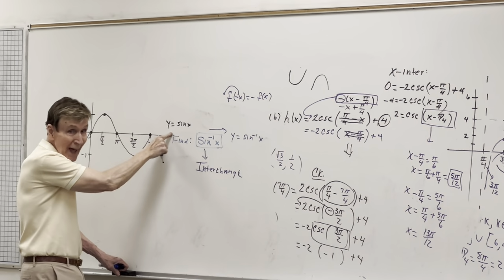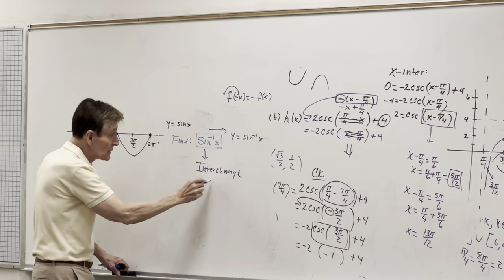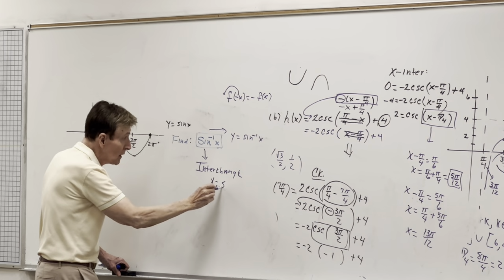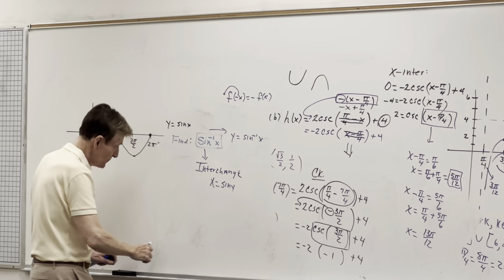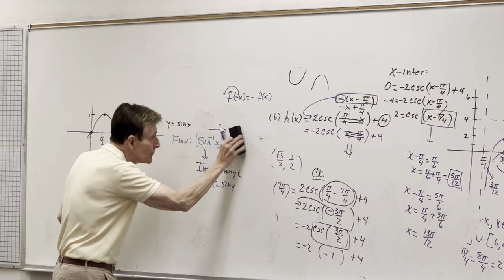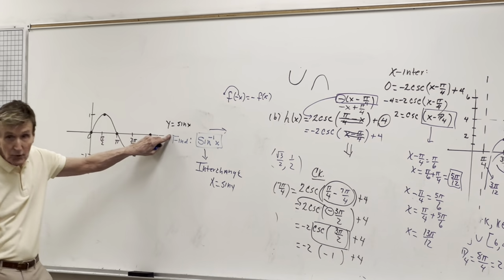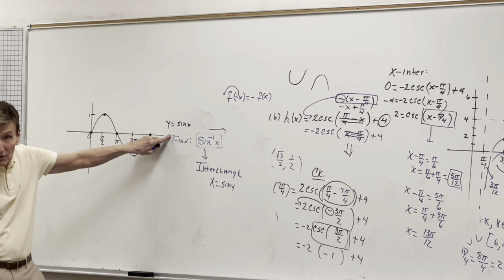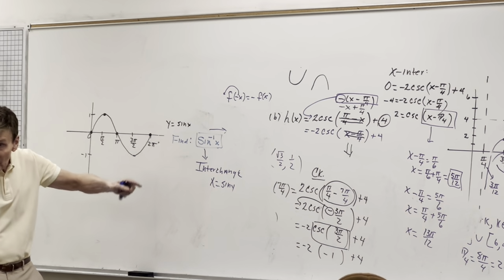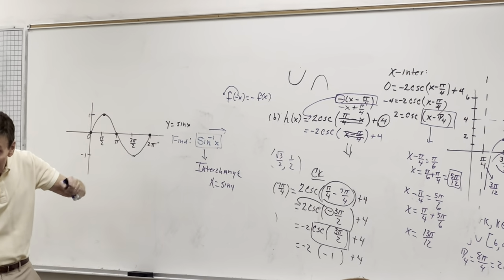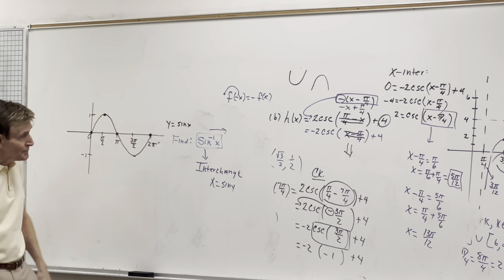If I interchange on the black, would you be looking at this? Is that true, guys? I go back to sine and interchange. You're supposed to interchange the x and the y to find the inverse. And the second step was to do what?